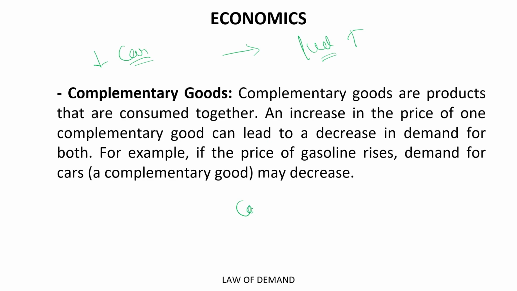Similarly, if you are not even planning to buy a car, but suddenly the fuel prices are coming down, then what will you think? Okay, now the fuel price is coming down, should I buy a car? Definitely, or not definitely, but there are chances that you will buy a car. So because the price of one commodity goes down, the demand of another commodity goes up. So it is the case of complementary goods.